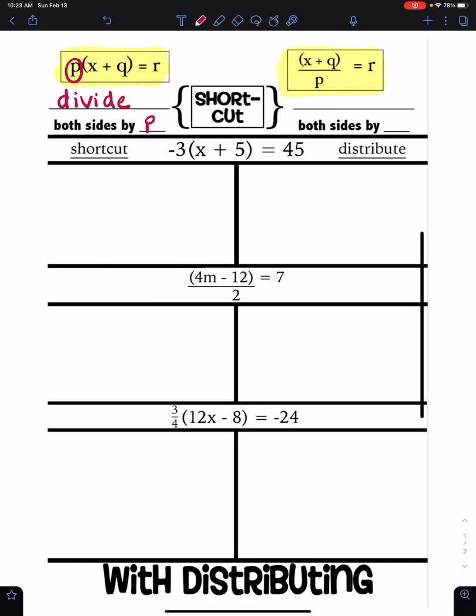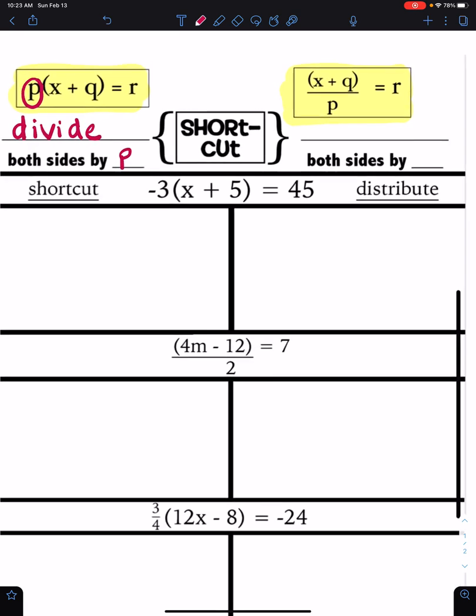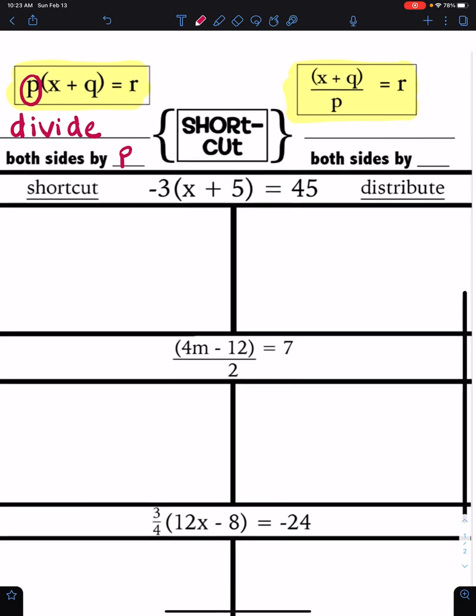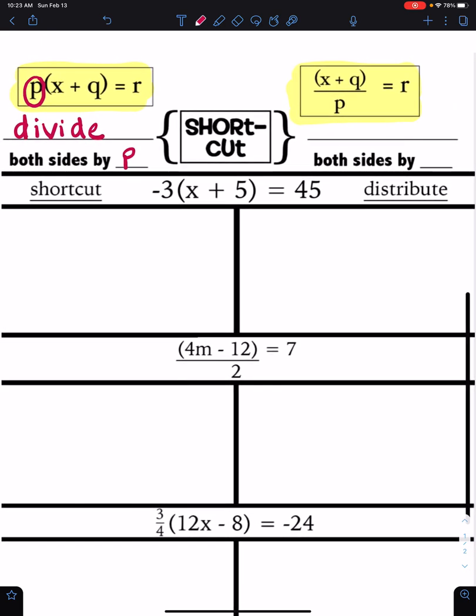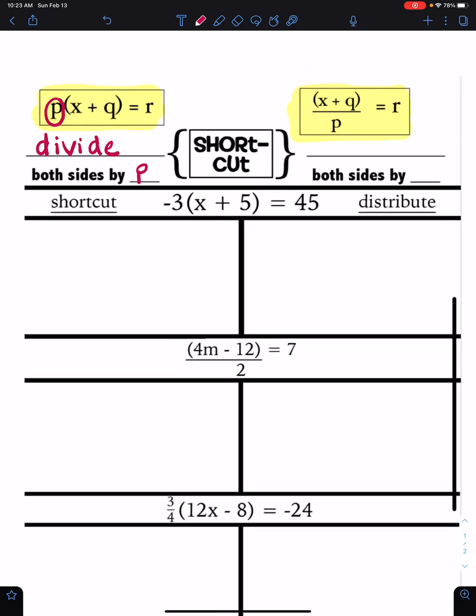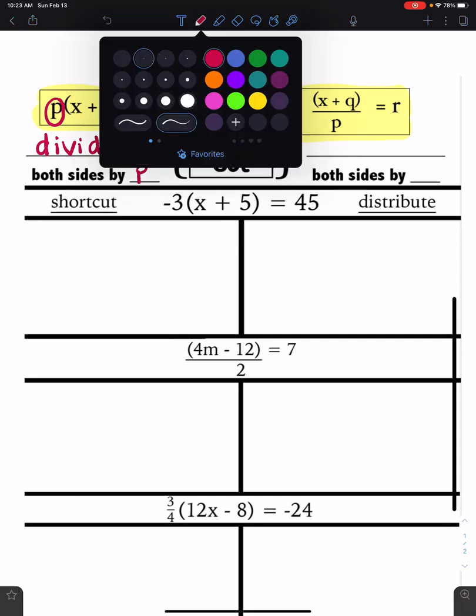Just like when we learned the distributive property, we're going to show you both ways, the long way where you distribute and the shortcut where you divide, and you'll be able to decide which way you want to do it. Sometimes it's easier to do the long way, depending on the equation. Either way works and either way is acceptable, but I'm going to show you both.